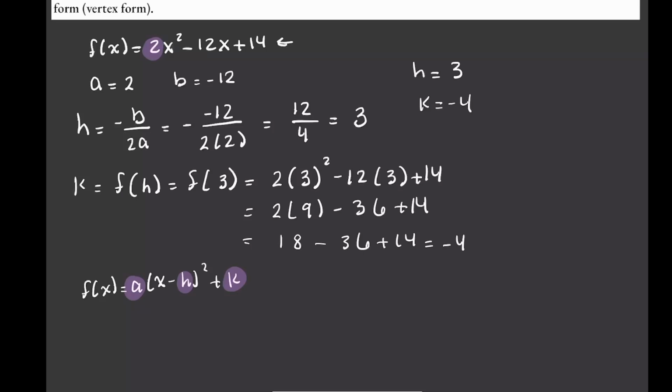Now I'm ready to write my standard form equation in vertex form, which is going to be f of x is equal to 2 times (x minus 3) squared minus 4, where my vertex, or my lowest or highest point of the quadratic equation, is going to be 3 comma negative 4.